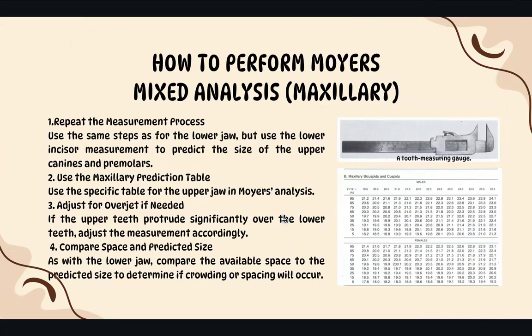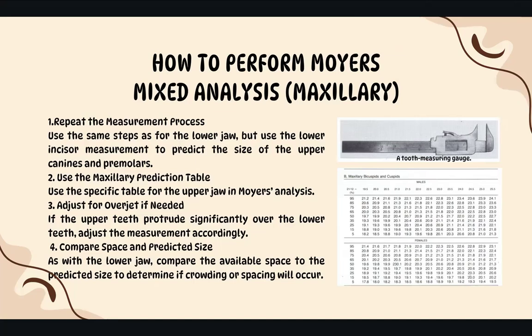And the next one is how to perform Moyer's mixed analysis in the maxillary. So it is basically the same as the mandible. It has the same steps. However, it is important to note that the prediction for the size of the upper canines and premolars still relies on the measurement taken from the lower incisors using the specific Moyer's table designed for the upper arch.